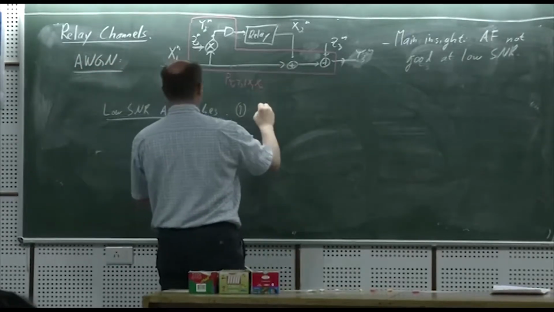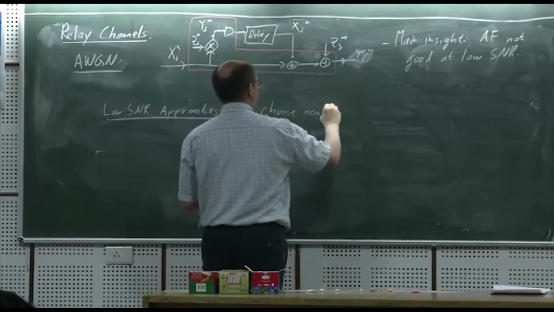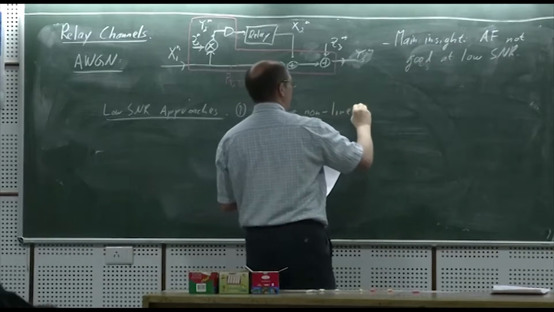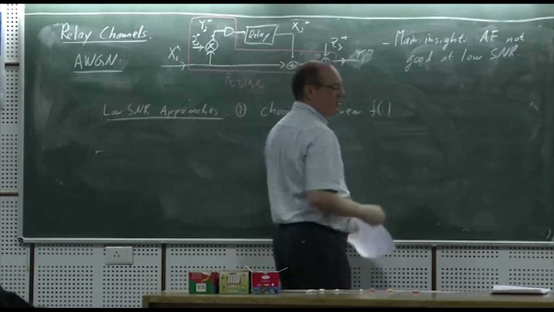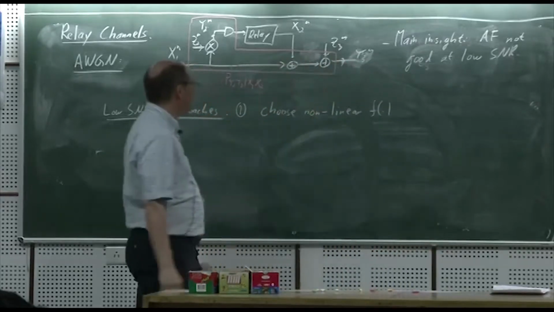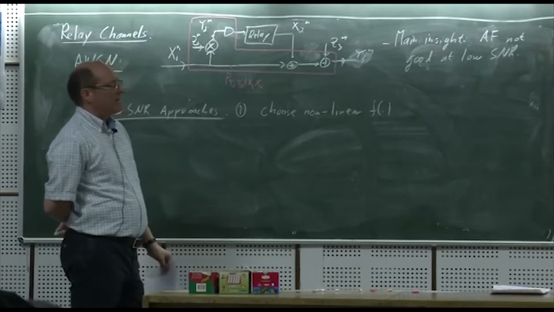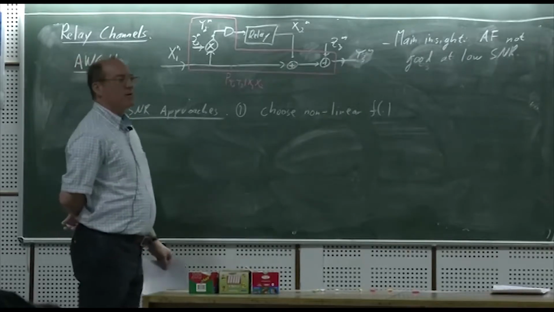One is to choose a nonlinear function, and this has been studied by various people not so long ago, maybe only 5, 6, 7 years ago. One group, Mikhail Skoglund's group at KTH in Sweden, did quite a lot of work on this.